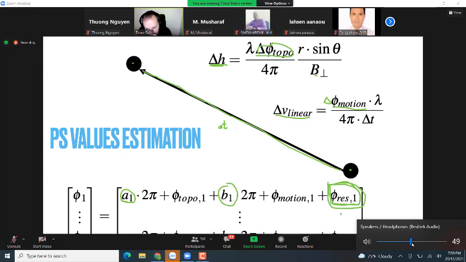And the residuals that we are left with, that is, to large parts, the atmosphere.